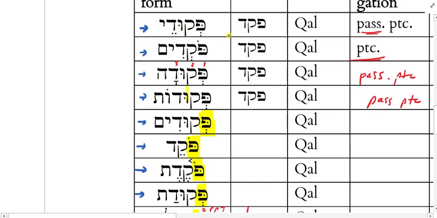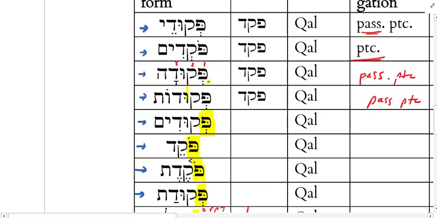I'm going to add of. Appointed ones of. Pokadim. So this is active, so I don't want to say appointed, but appointing. And if it's being used as a noun, it would be appointing ones. But if it's just a plain old adjectival use, it would just be appointing.